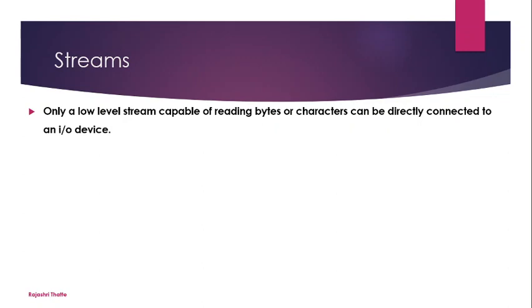This is done by using two levels of streams, that is, a low level stream and a high level stream. Only a low level stream capable of reading bytes or characters can be directly connected to an input or output device.